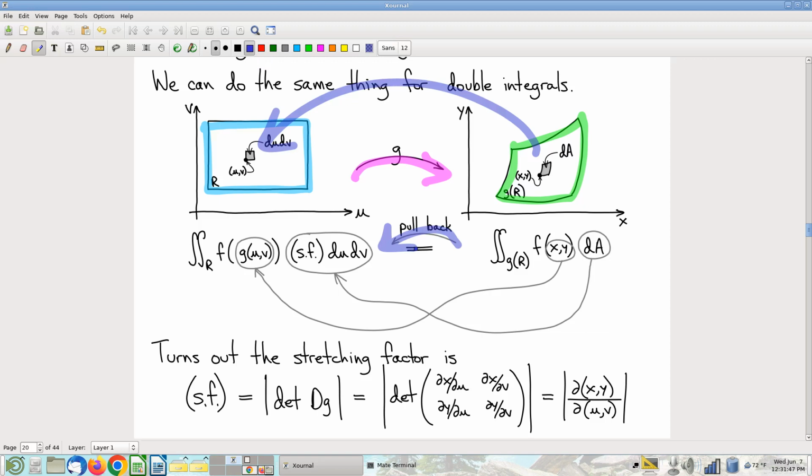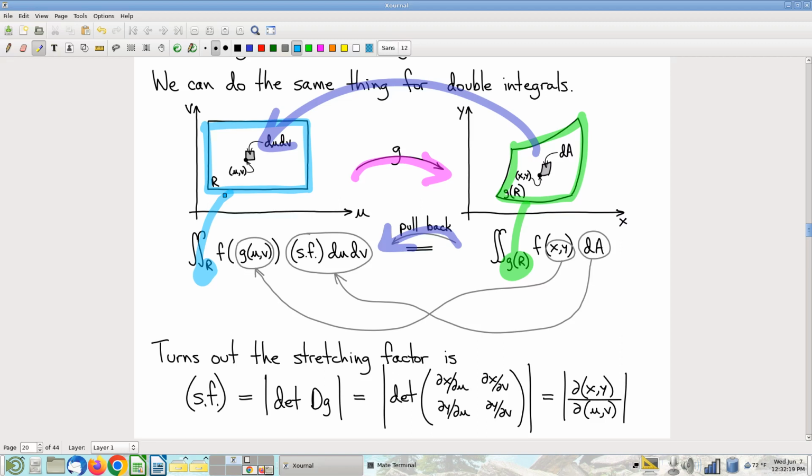An integral that was originally on this original green domain gets rewritten as an integral on what I'm going to call the pullback domain, or the UV domain, or whatever you want to call it. I like pullback domain. So that's the big picture idea: we turn integrals on images into integrals on the pullback.